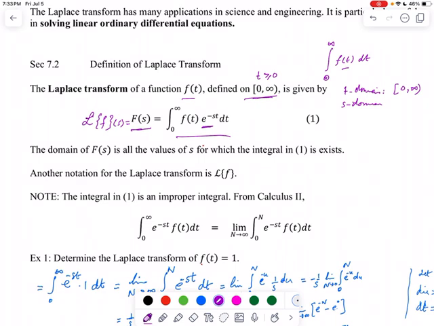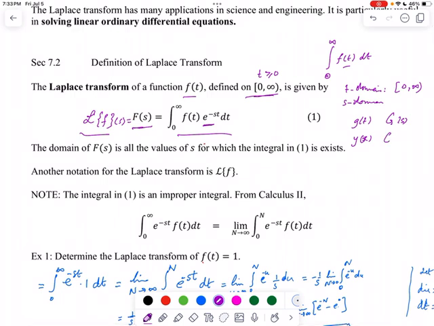If you don't want to use this notation, because it's hard to write, you can use big F of s, or if your function is g of t, then the transform will be G of s. If the function is y of t, the transform will be Y of s.